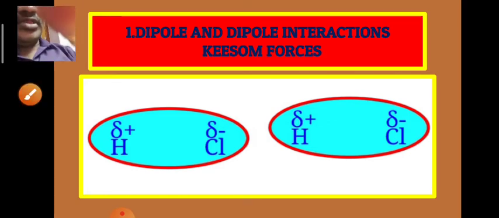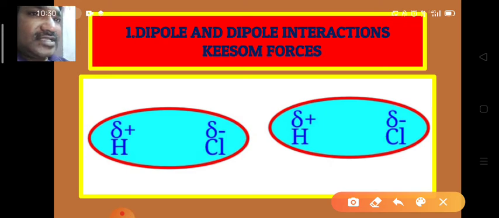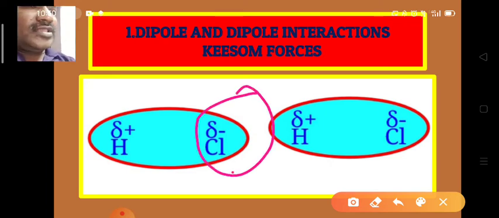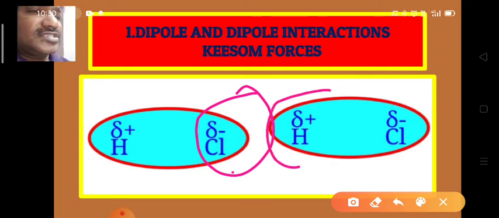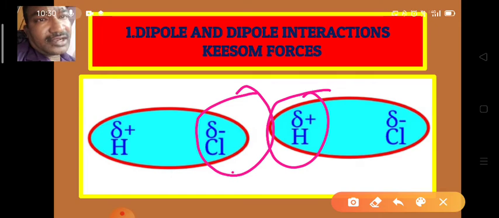For example, look here in this HCl liquid, chlorine is having partial negative charge and hydrogen is having partial positive charge. So attraction exists between the chlorine of one HCl molecule and the hydrogen of the other molecule. Such attractions are called the dipole-dipole interactions.